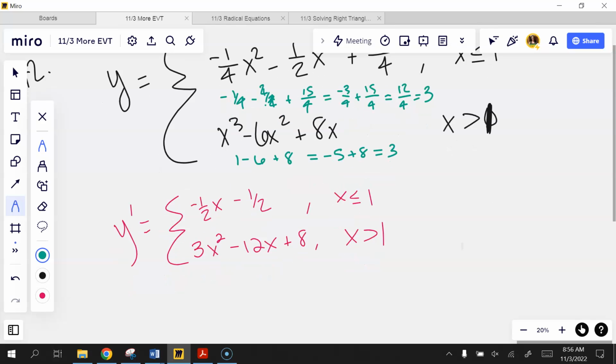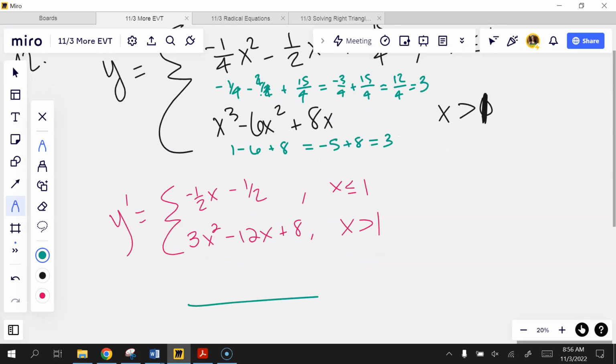So what I'm getting at is when I'm piecewise, I already know that I'm going to have 1 on mine, because that's my point of something potentially happening there, going from one function to the other. All right, so now, here's where the fun starts. Now I need to know where my function equals 0, right?